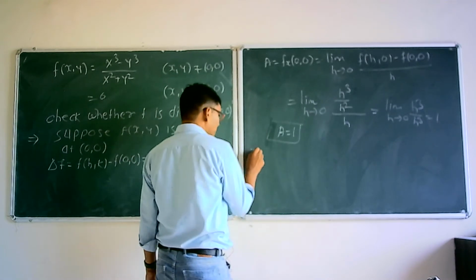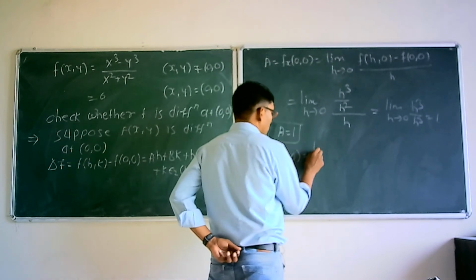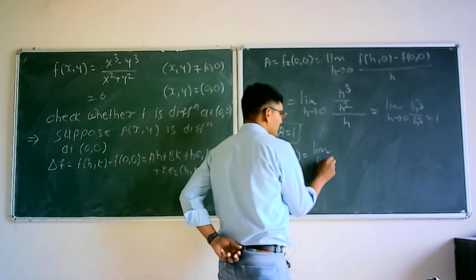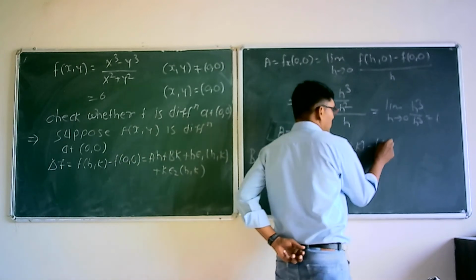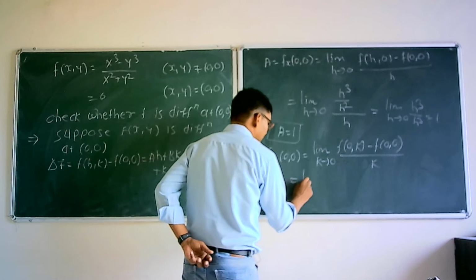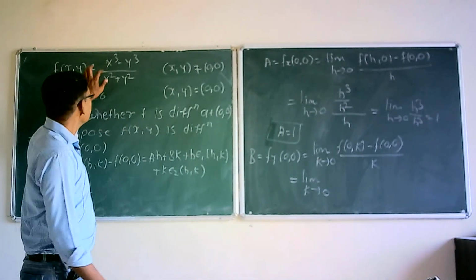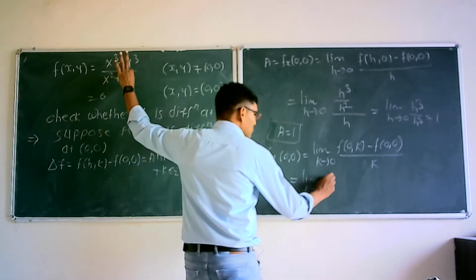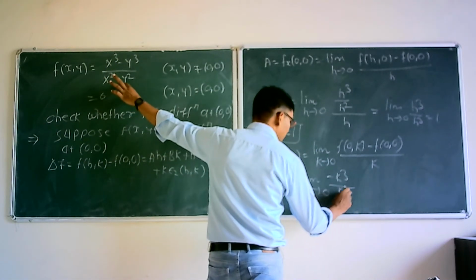Similarly, what is b here? B is equal to f_y(0,0). So this is equal to limit k tends to 0, f(0,k) minus f(0,0) divided by k. What is f(0,k)? It is 0 minus k cube, so minus k cube divided by 0 plus k square, divided by k.